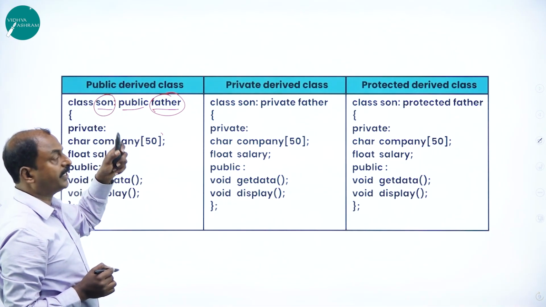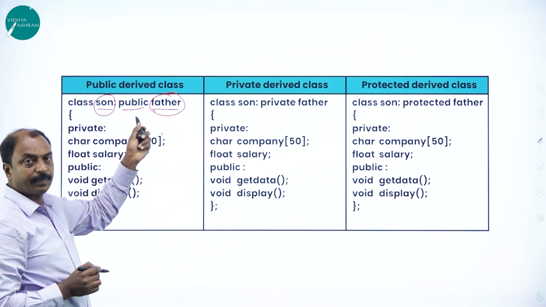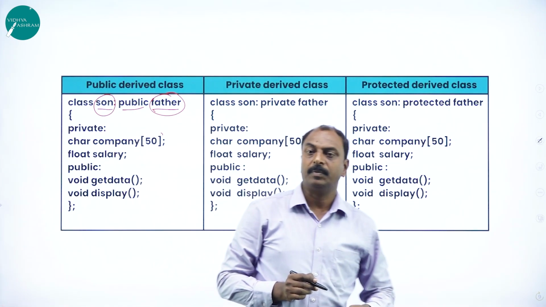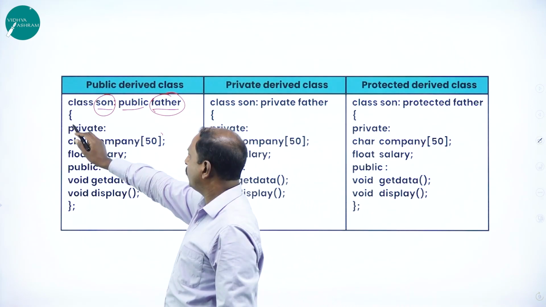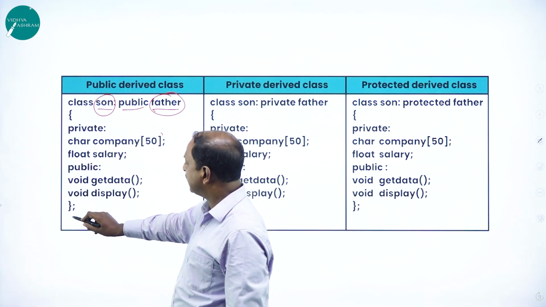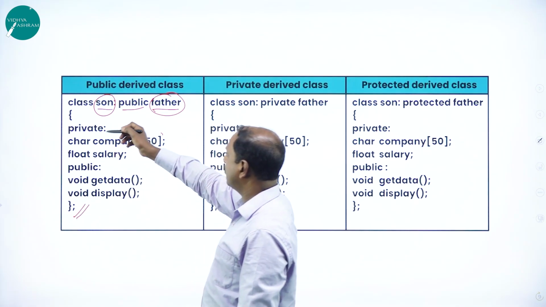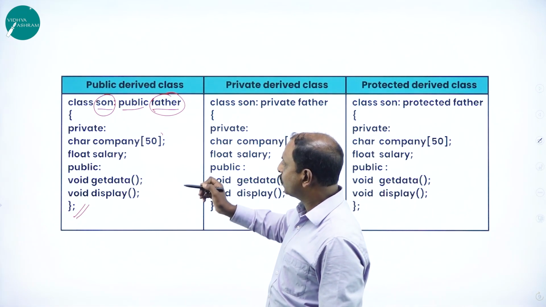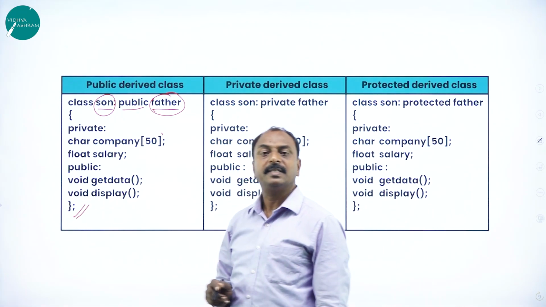This is the syntax: with the colon, the visibility mode, and then father, the name of the base class. Again open the bracket for the class, and this class ends with a semicolon, just like a normal base class, it has to be terminated with a semicolon.